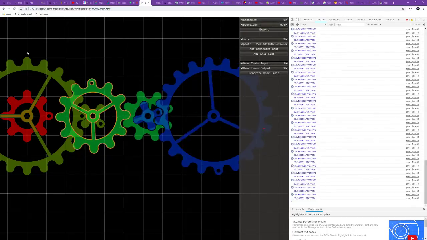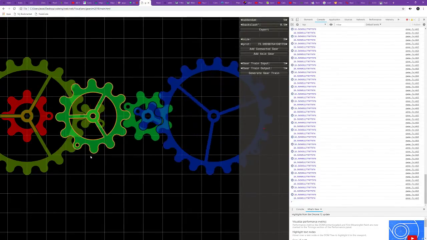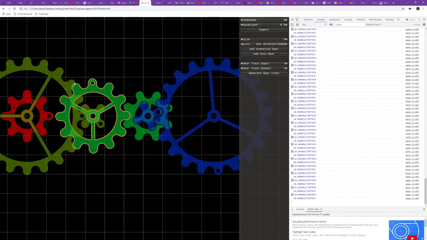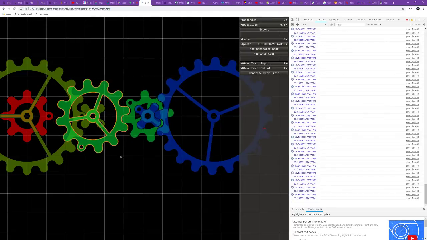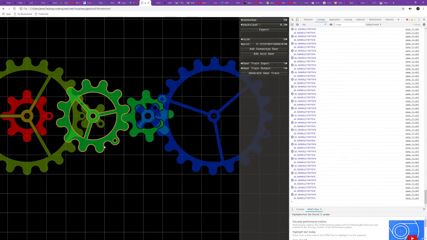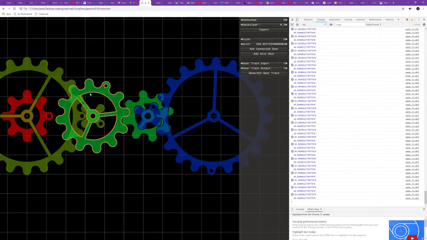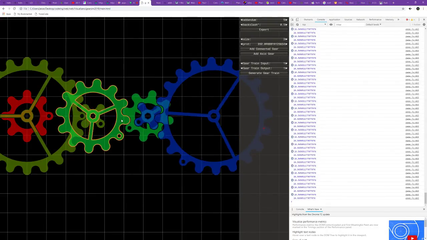Okay, so what the world should I work on now? Oh, did you do that? Ah, I was wondering if I did that. Because it's the rotation from the mouse to the center of the gear, and at some point it flips back.